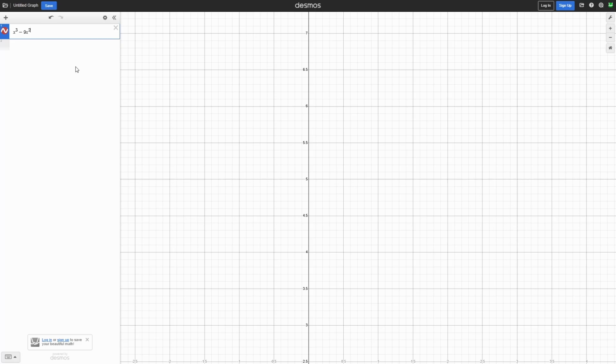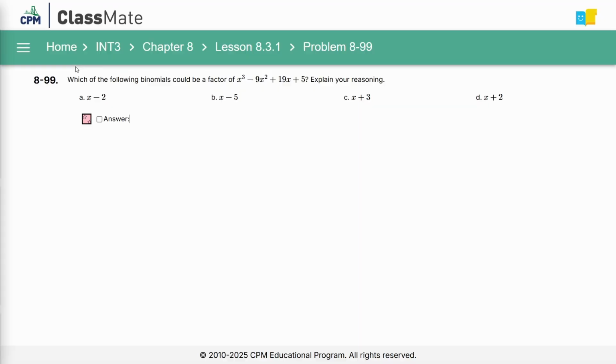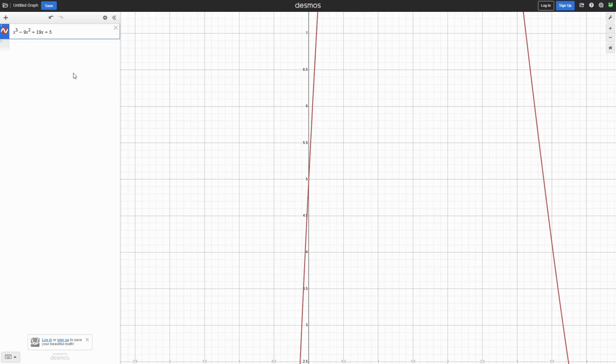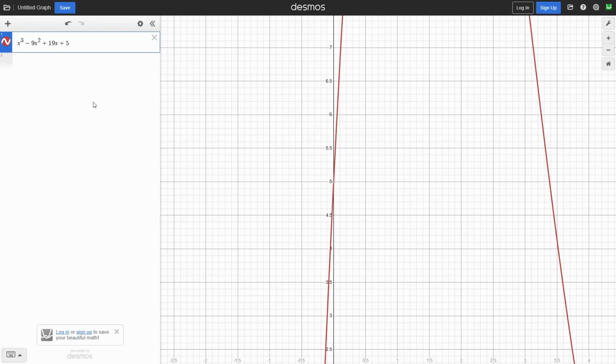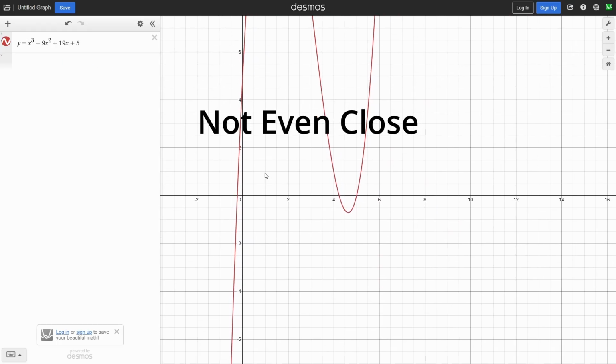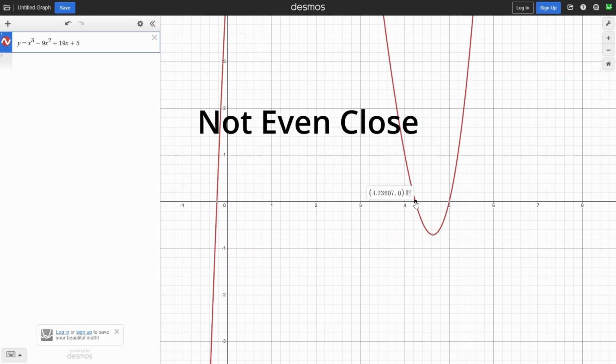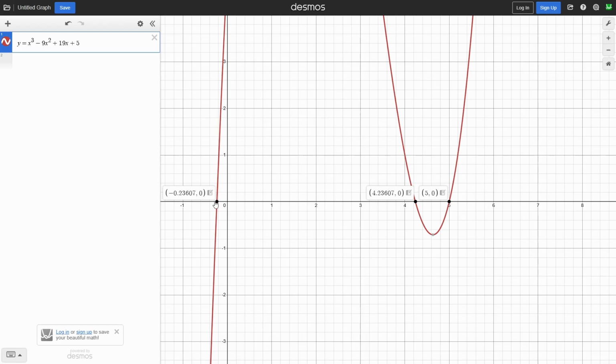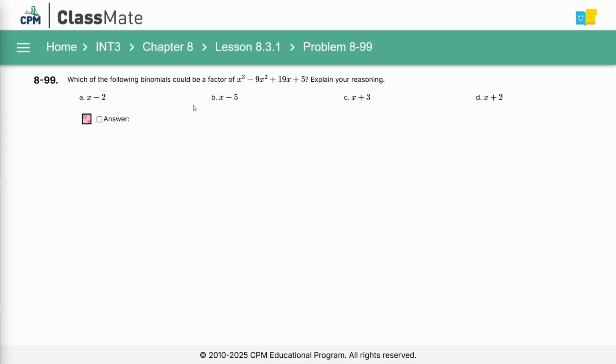Minus 9x squared plus 19x plus 5. Here we are. Ooh, I was not right. But look at that, we do have 5 in there. So the answer is this one.